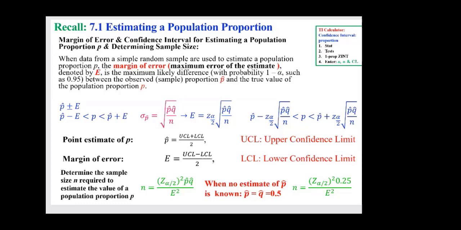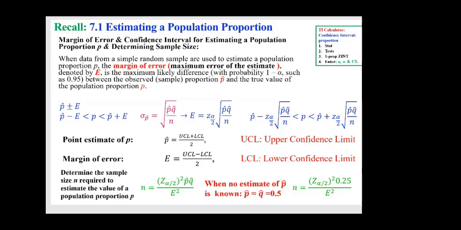And that would be the confidence interval for P, and therefore it's between P hat minus E and P hat plus E.